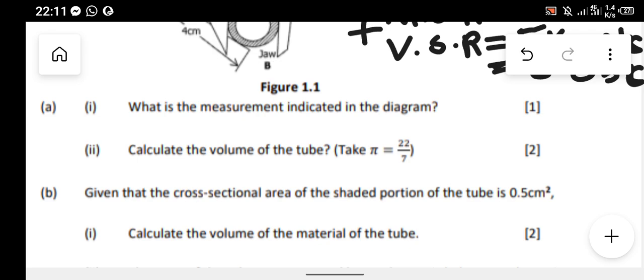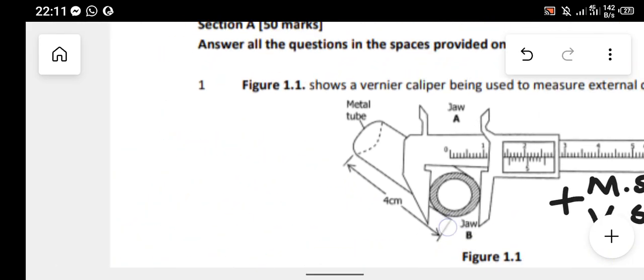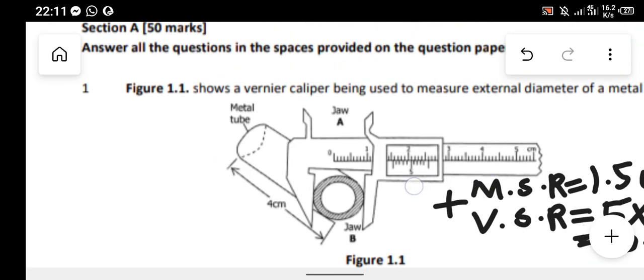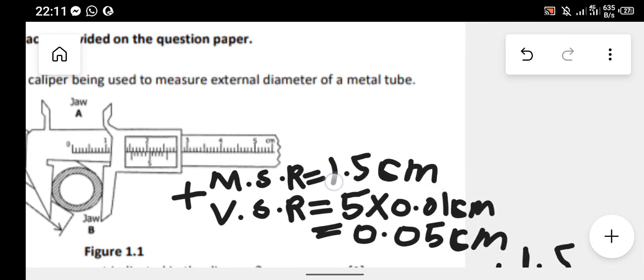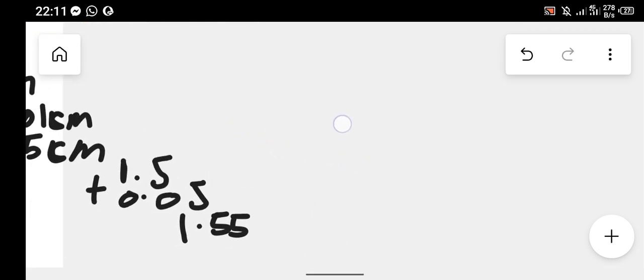Question A2 reads, calculate the volume of the tube. Take pi as 22 over 7. Okay, I'll move this one here so I have some space. Let me just do this side where we found our answer. I'm just trying to create space.